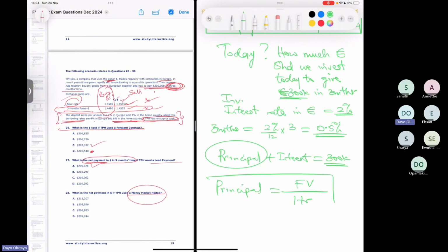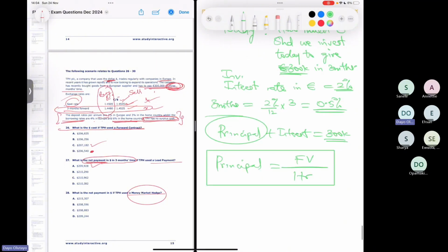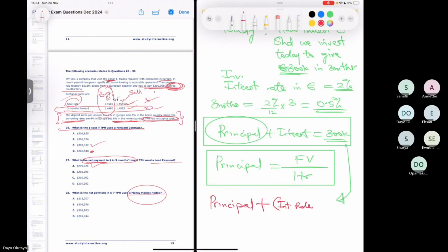And how did I derive this formula? Look at it. It's from this simple calculation that you're seeing. I'm sure you can relate with this. Let me derive it for you again. Principal plus interest is equal to 300,000. Now, how do I get interest? Interest amount is the interest rate, which is R, times the principal. That's what will give me the total future value.